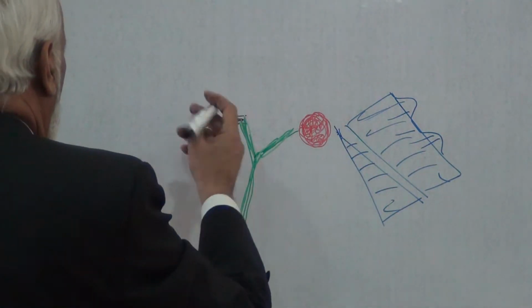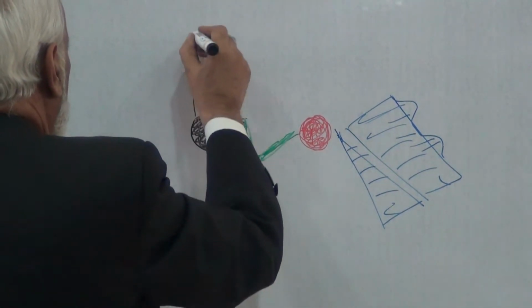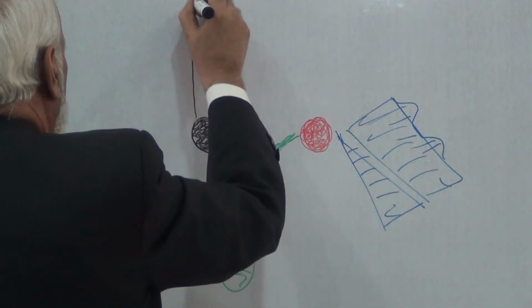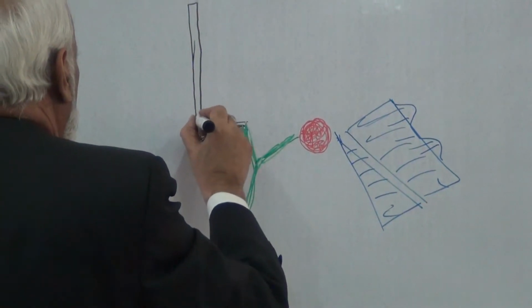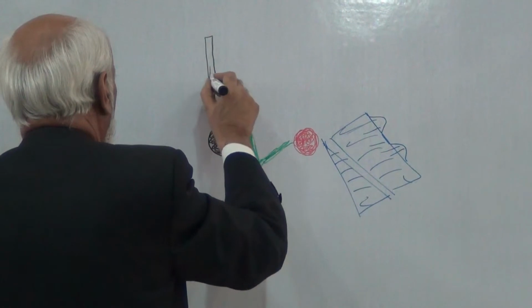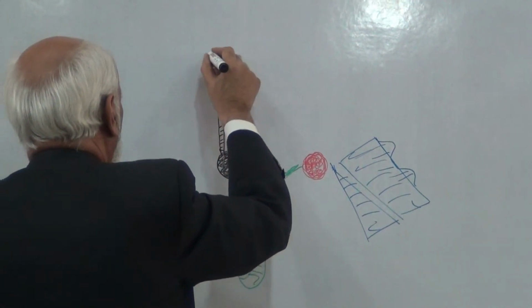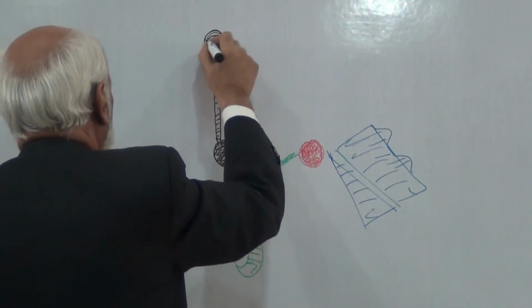Here above the optic chiasma is lamina terminalis, and this is posterior commissure.